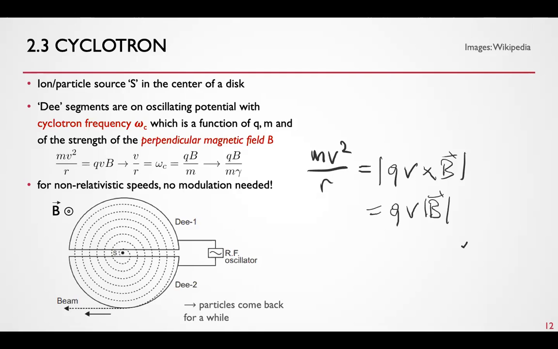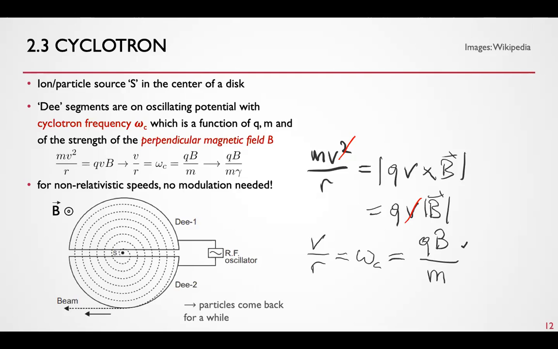From this we can cancel one v, and then we can compute v over r, velocity divided by radius, that is the cyclotron frequency, an angular frequency because there's a 2 pi, which is just q times B divided by the mass.